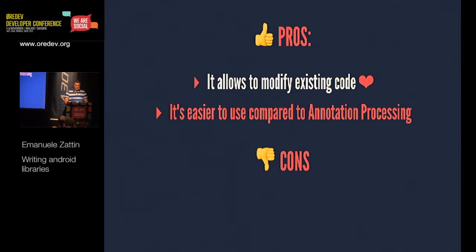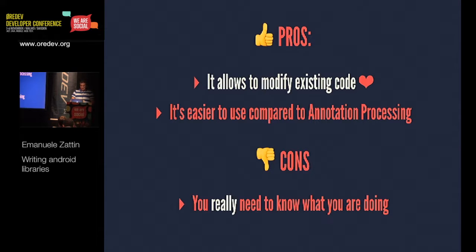So that's nice. And actually, the API is much easier compared to annotation processing. It's actually more similar to Java Reflection, so it's something you're familiar with. But you really need to know what you're doing, because now you're going behind the back of the compiler. You are changing bytecode. So if you mess up with something, there's no safety net.